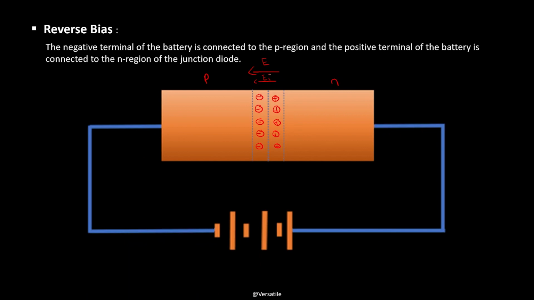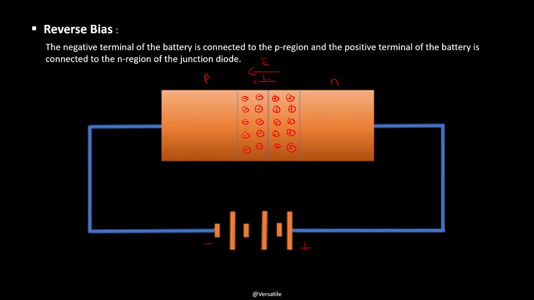Now, since the positive terminal of the battery is connected to the N side, it attracts free electrons towards it, and similarly, the negative terminal of the battery attracts holes towards it, effectively increasing the width of the depletion layer. And because of this, the potential barrier's ability to oppose the flow of majority carriers is enhanced.